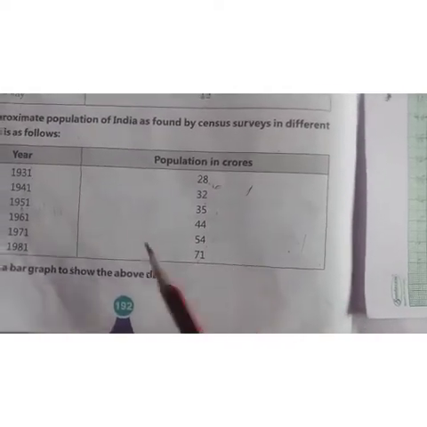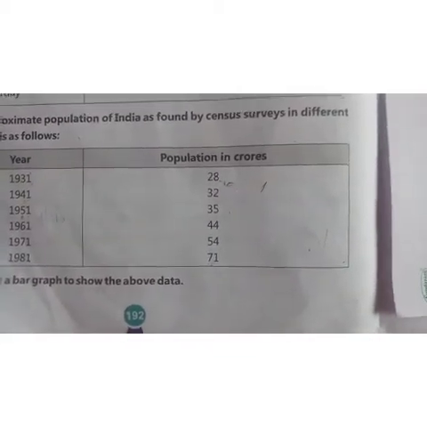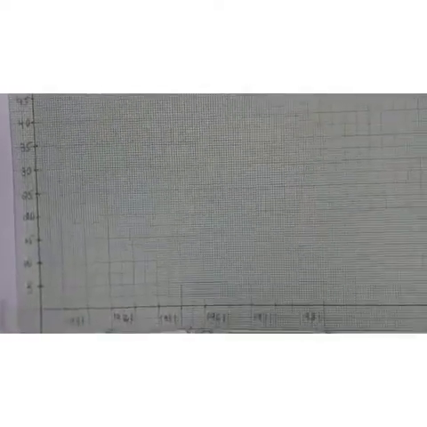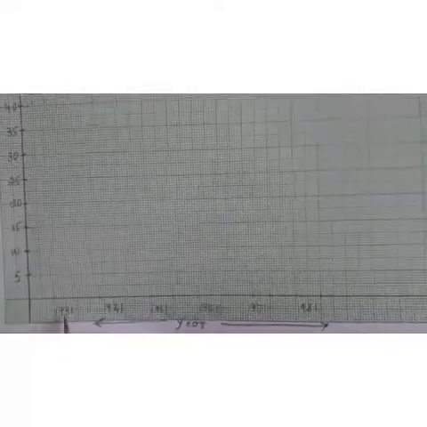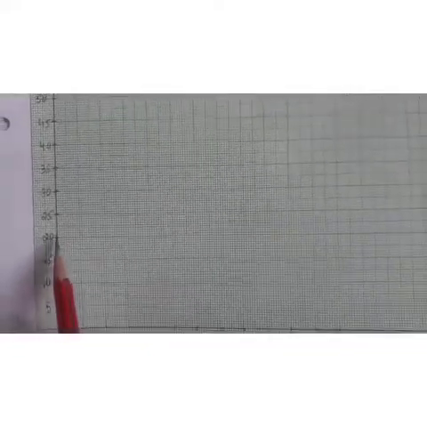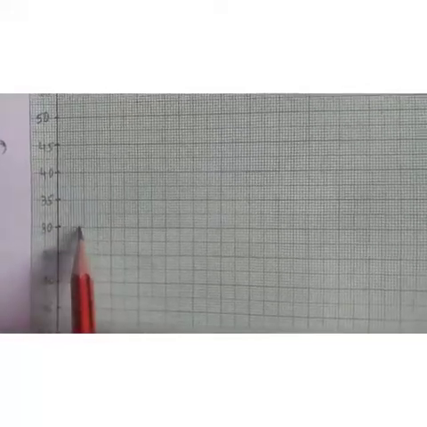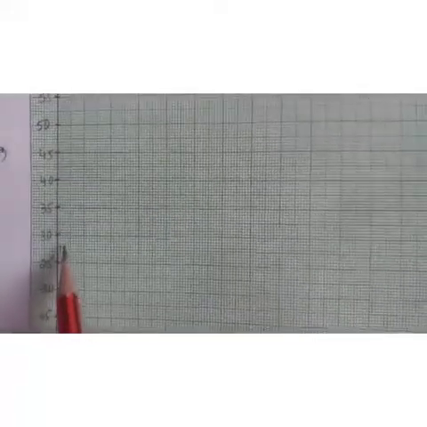Now let us see. 1931, it was 28 crores. Children, observe carefully how to plot 28 crores in 1931. So it is 5, 10, 15, 20, 25. Now here we have 25. Now in between 25 and 30, if you observe the one square, we have 10 divisions. First I will explain you that.